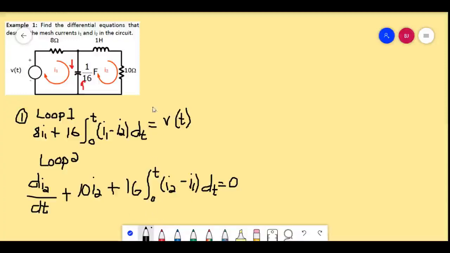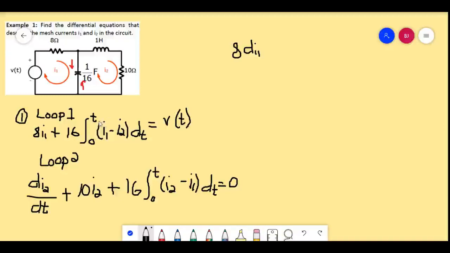So we do that first with the first loop. We differentiate all of this in order to remove the integral. So what would happen? We write first the derivative of 8 i1, so it would just become 8 di1.